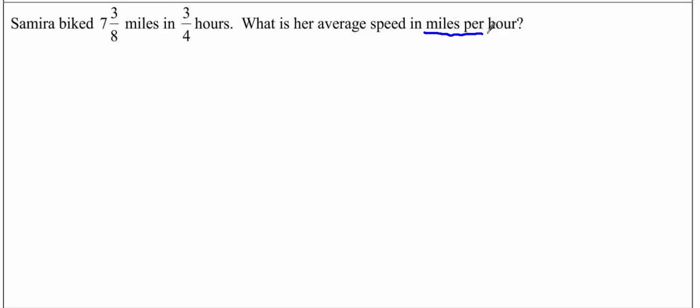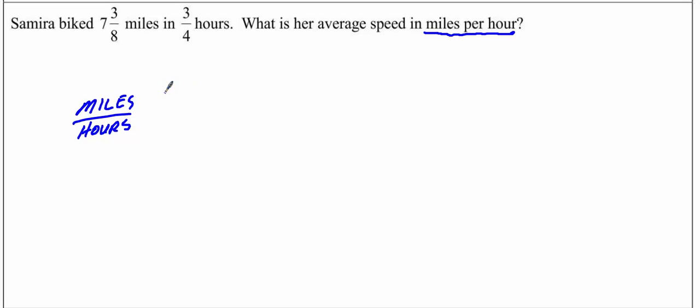Since this is miles per hour and this is 3/4, we know that it's going to be faster than 7 3/8. It has to be higher than that amount. So we're going miles in hours.